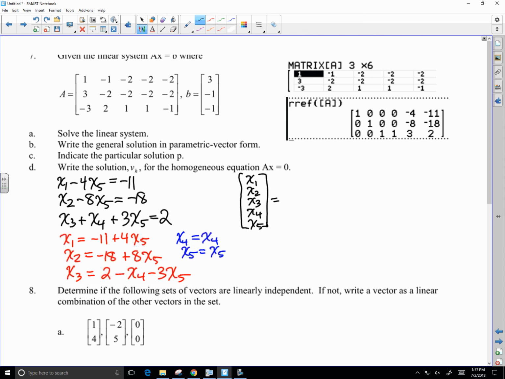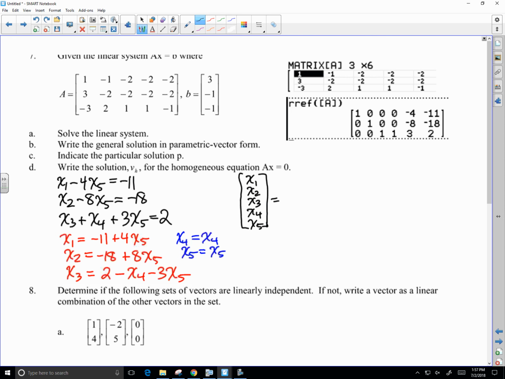All right, think about what we have and what we need. So I need a vector for my constants, a vector for the coefficients of x4, and a vector for my coefficients of x5. My constants, I only have notable constants for x1, 2, and 3, so implied constants of 0 for x4, x5.